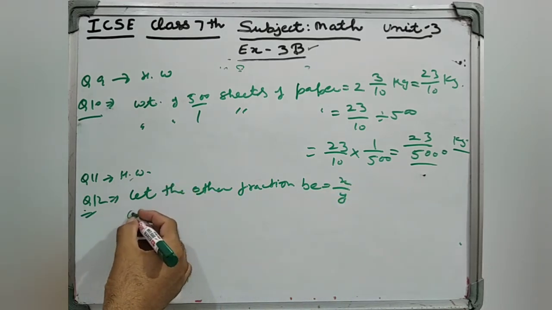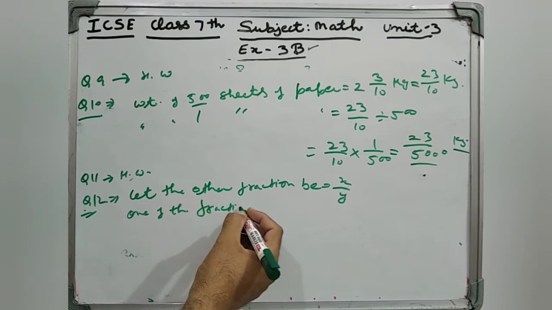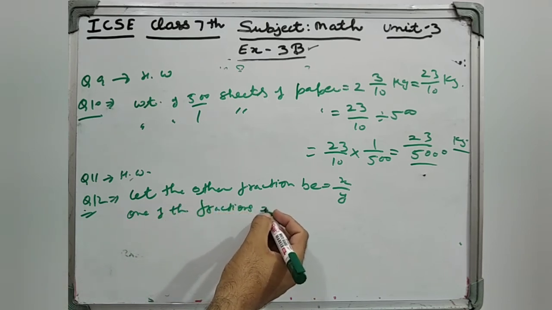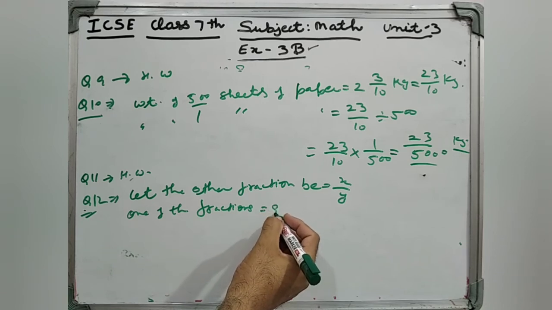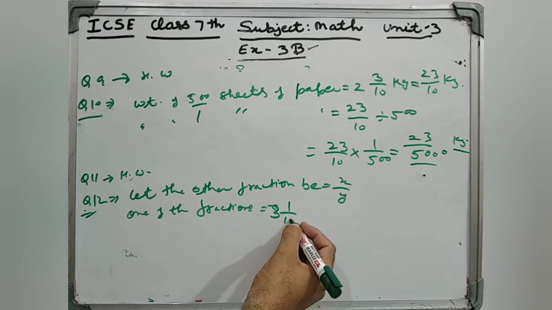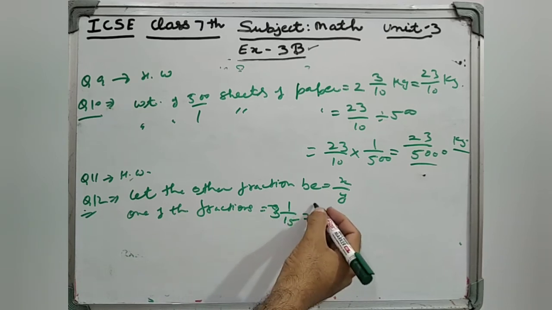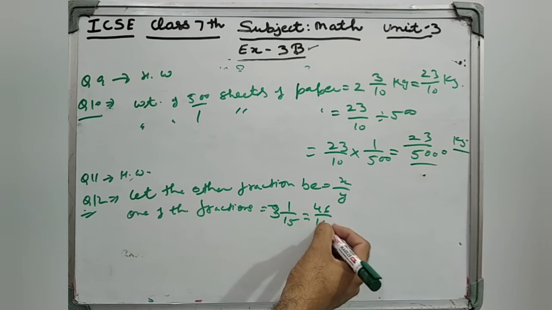Okay, one of the fractions is given as 3 1 by 15. 15 3s are 45 plus 1 is 46 upon 15.